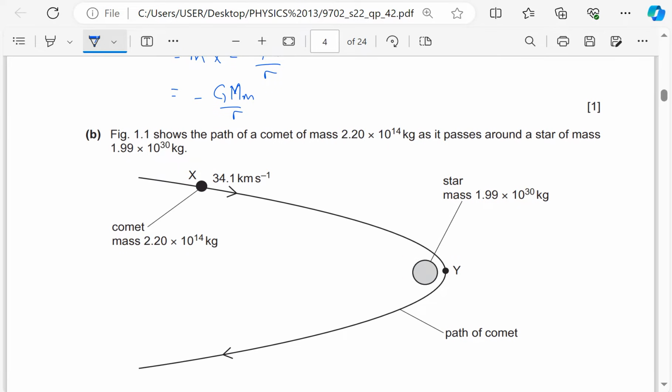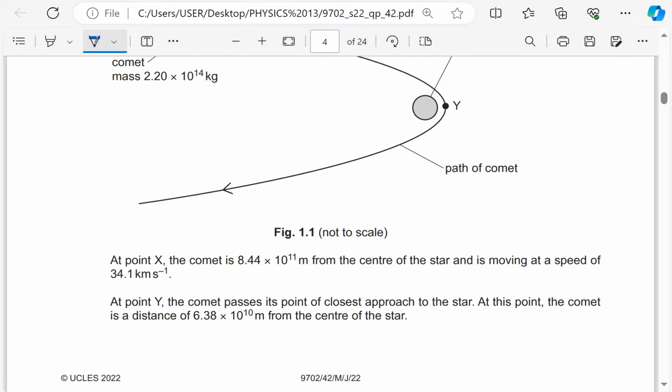The figure shows the path of a comet of mass 2.2 times 10 to the power 14 kilograms as it passes around a star of mass 1.99 times 10 to the power 30 kilograms. At point x, the comet is 8.44 times 10 to the power 11 meters from the center of the star, and it's moving at a speed of 34.1 kilometers per second.